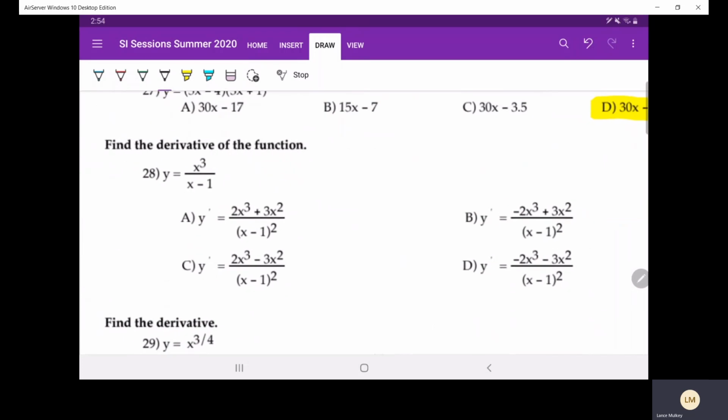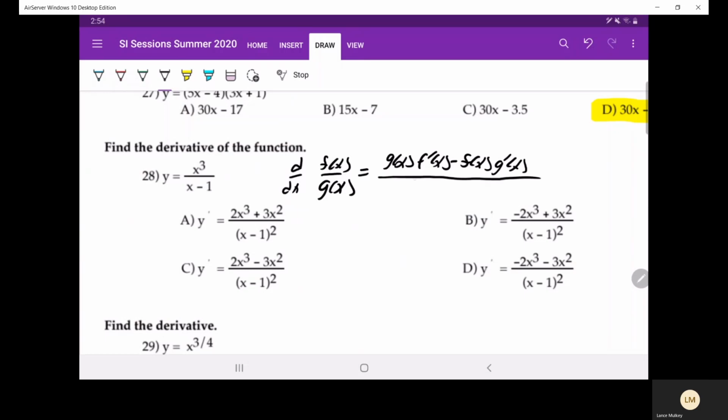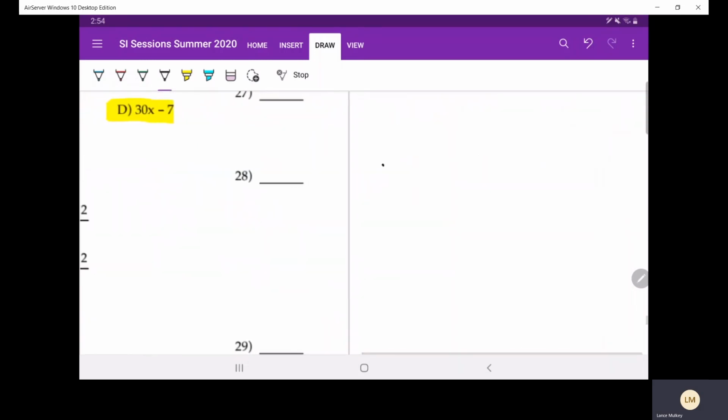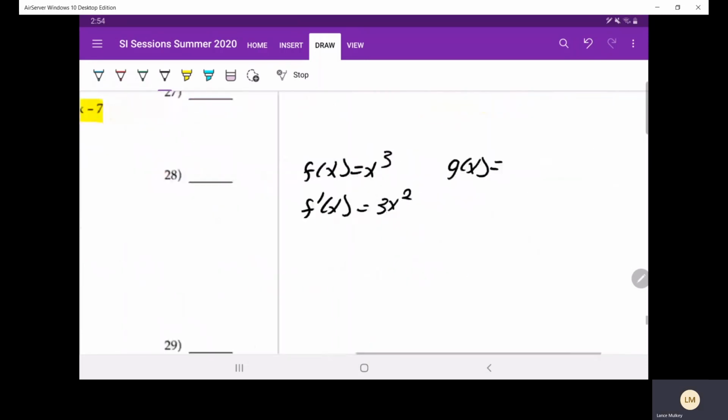And now for everyone's favorite, quotient rule. I'm going to have to go over here. So this is quotient rule. So f of x equals x cubed. G of x equals x minus 1.